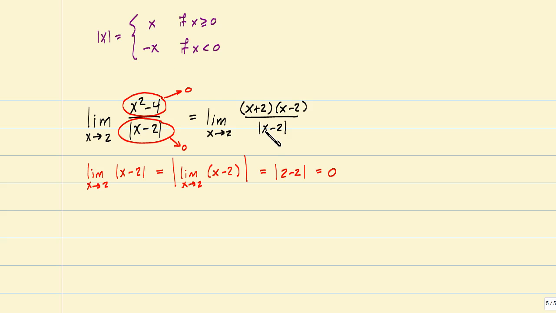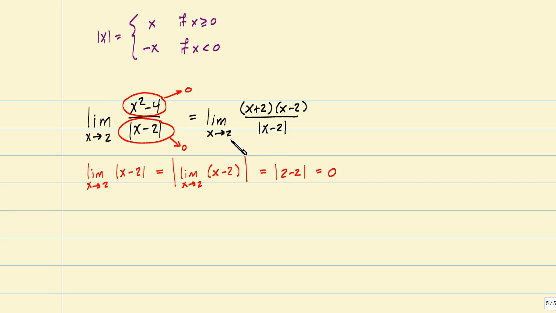So then the question becomes, when is what's inside the absolute value positive, and when is what is inside the absolute value negative? Well, to be positive, this x had better be bigger than 2, right? In other words, we need to be to the right of 2. To be negative, this x has to be less than 2, which means we are to the left of 2.